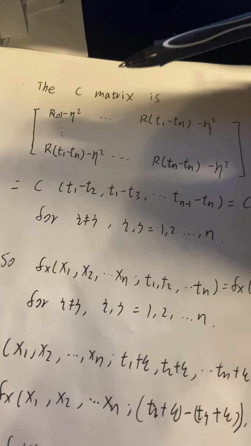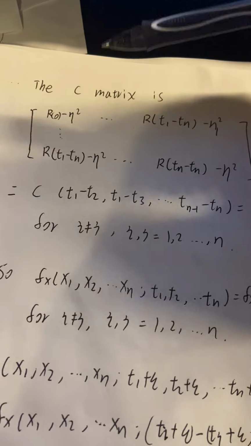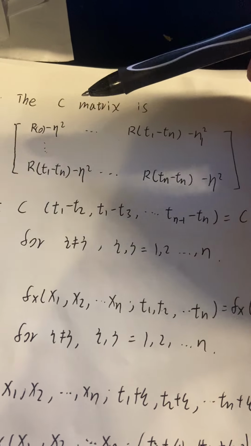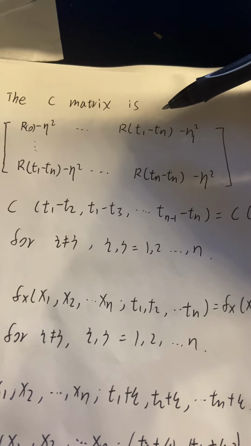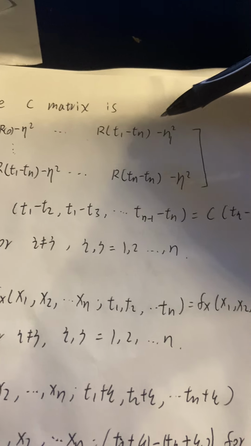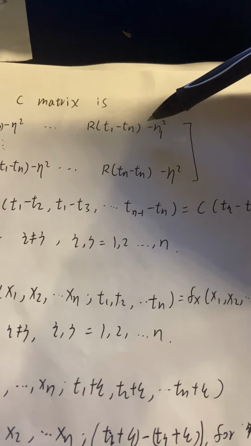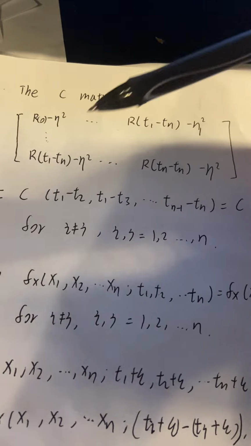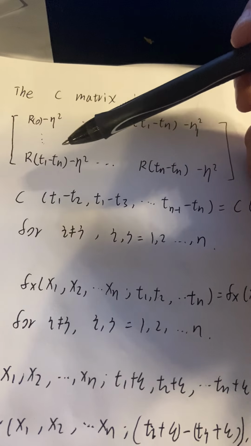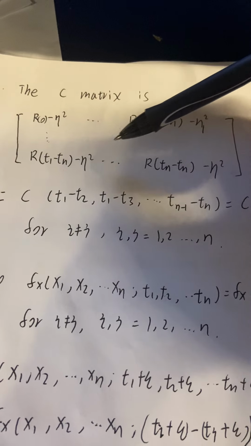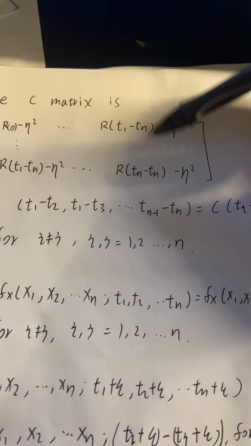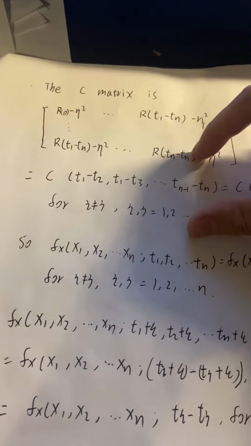We can use the same method to compute the C matrix. The first element of the matrix will be R of 0 minus eta squared, and the last element of the first row will be R of t1 minus tn minus eta squared. The first element of the last row will be R of t1 minus tn minus eta squared, and the last element of the last row will be R of 0 minus eta squared.